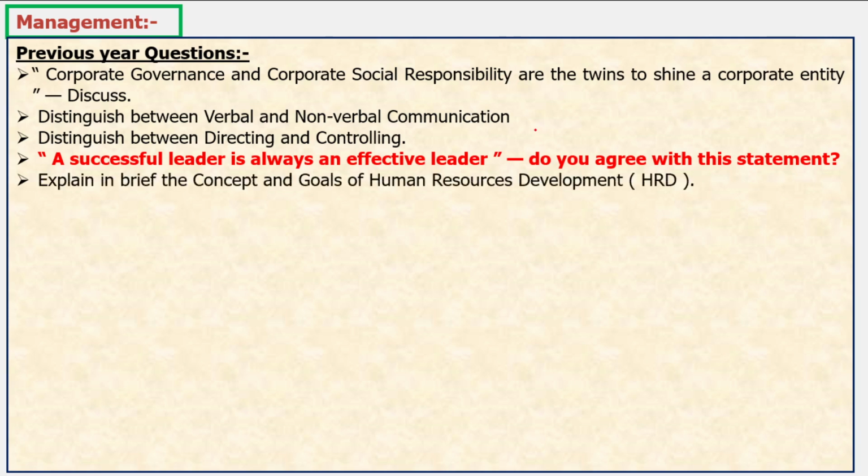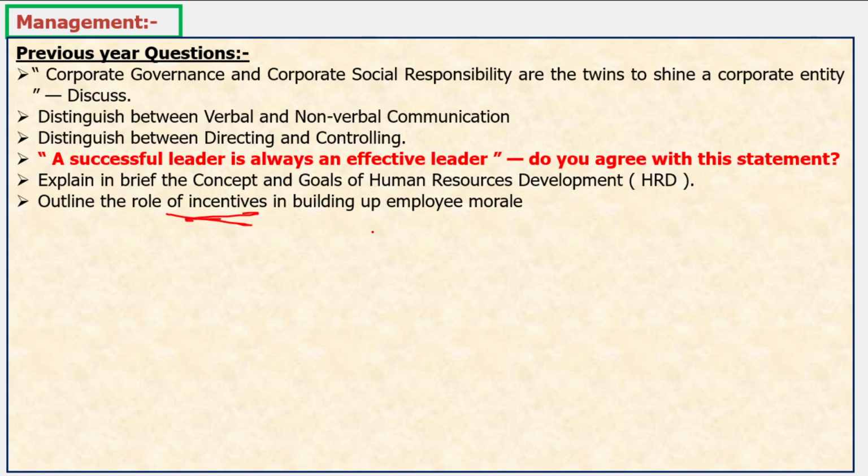Next. Explain in brief the concept and goals of human resource development, right? Again, a direct concept-based question where if you have the knowledge, you can answer. Next, outline the role of incentives in building up employee morale. Now, this is important. Yes, this is mostly concept. If you have that knowledge with you, you can answer it.